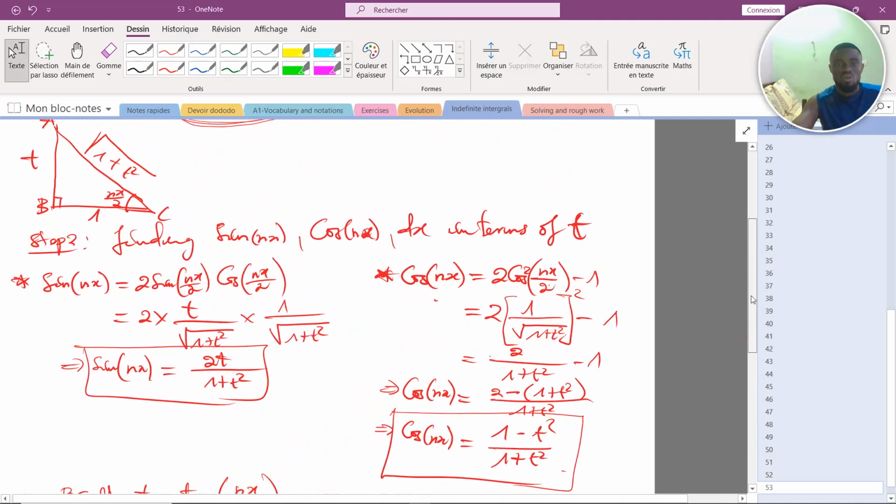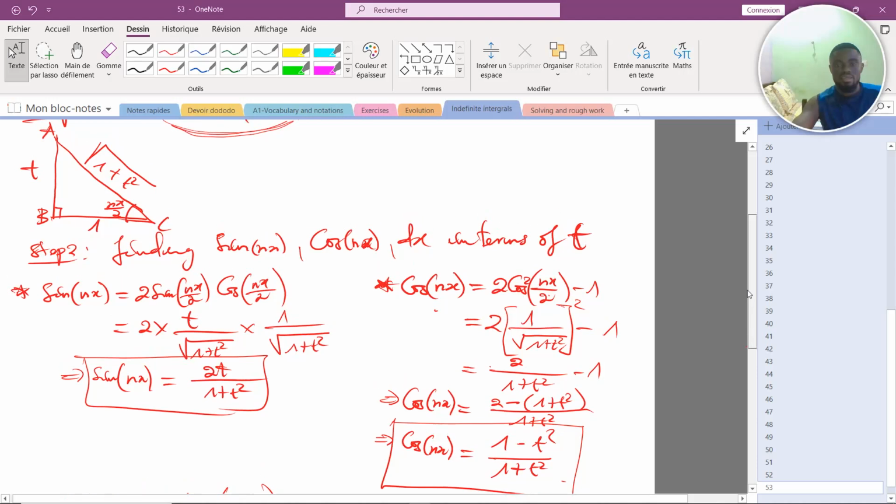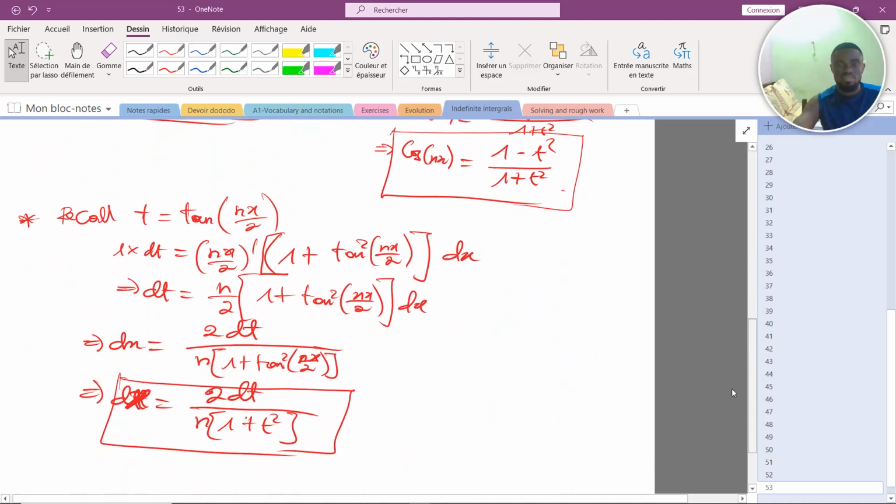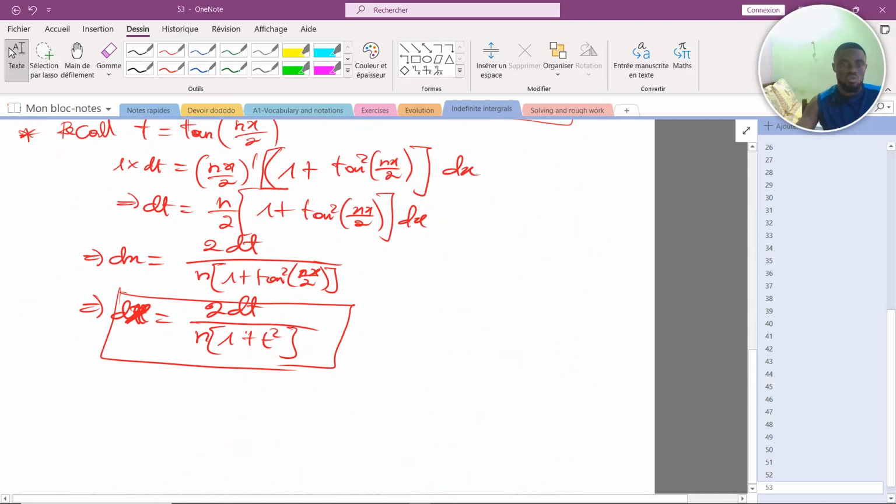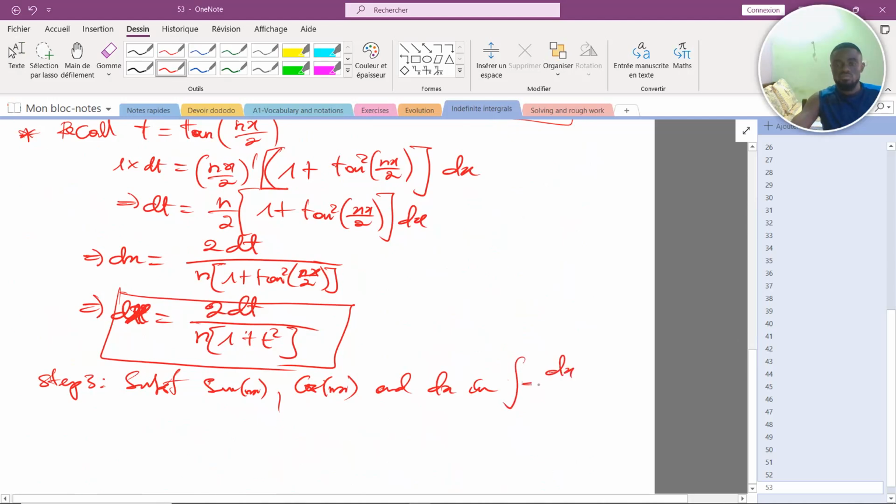So after finding your sin nx, cos nx, and dx, the next step is what? The step 3. You substitute sin nx, cos nx, and dx in the integral that was given to you, that is the integral of dx on a plus b sin nx plus c cos nx.